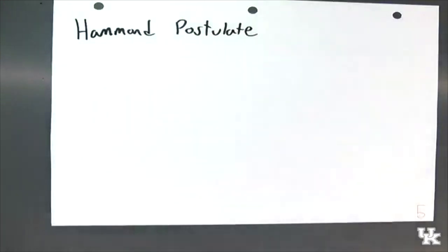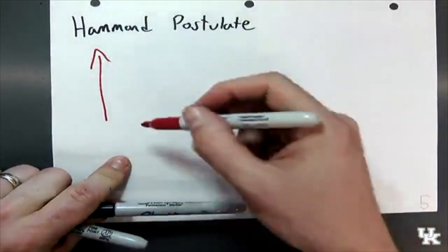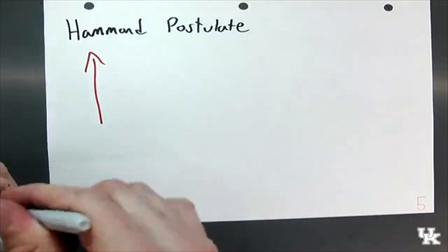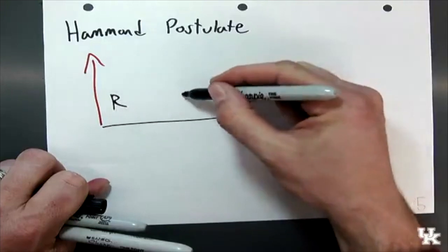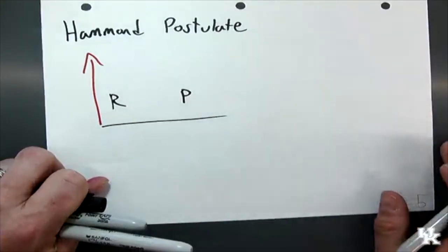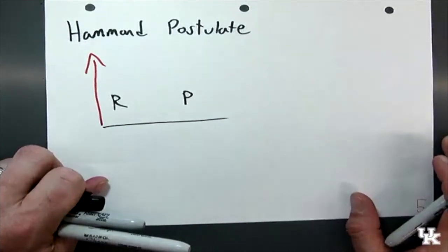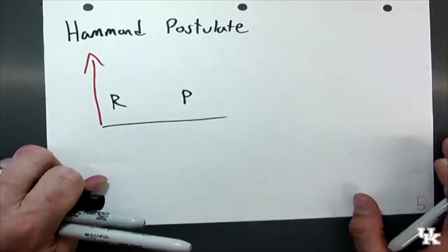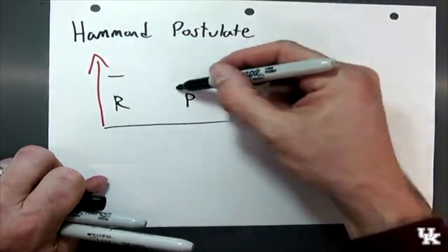And essentially what Hammond said was that if you have a reaction diagram where you have reactants going to products, depending on if the reaction was exothermic or endothermic, the transition state would look more like the reactants or the products. So let's start with the exothermic version.